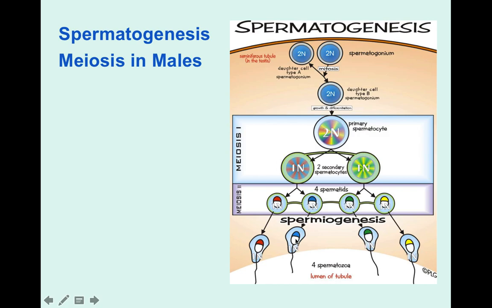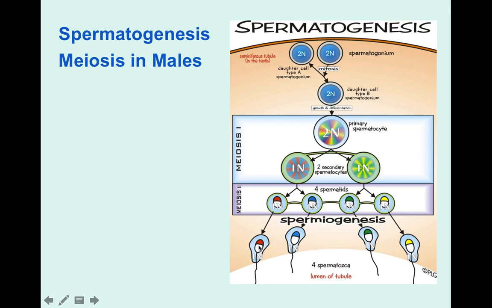So each sperm that a male makes when spermatogenesis occurs has 23 chromosomes instead of the 46, and each one, as you can see in this picture, is different from all the other ones. They get different types of chromosomes in each sperm cell.